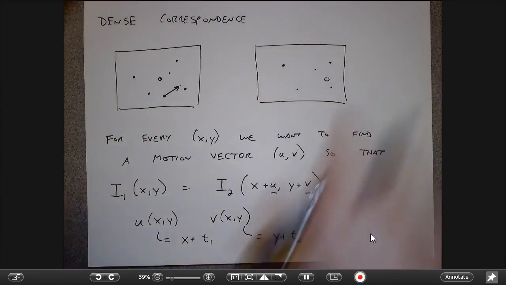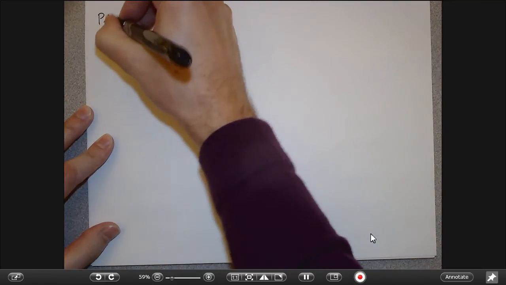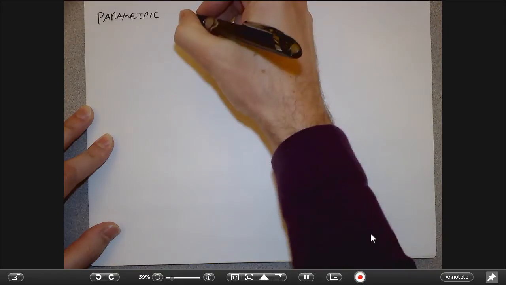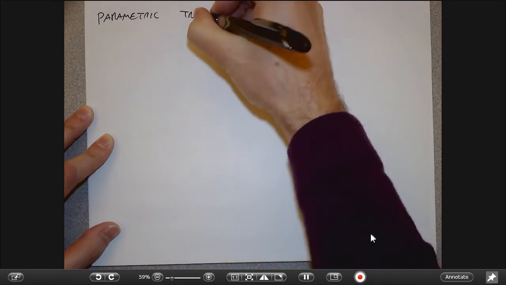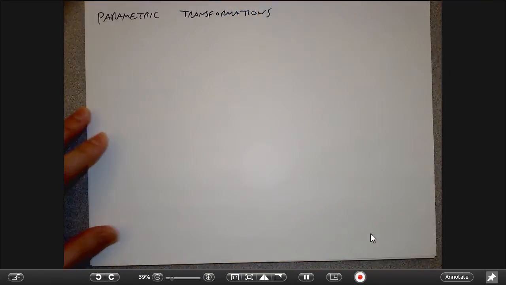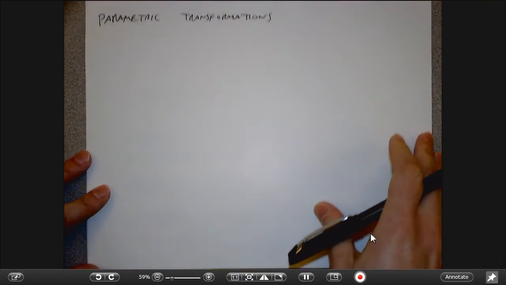And so parametric transformations, some of these you're probably already familiar with. So for example, let me draw over here.